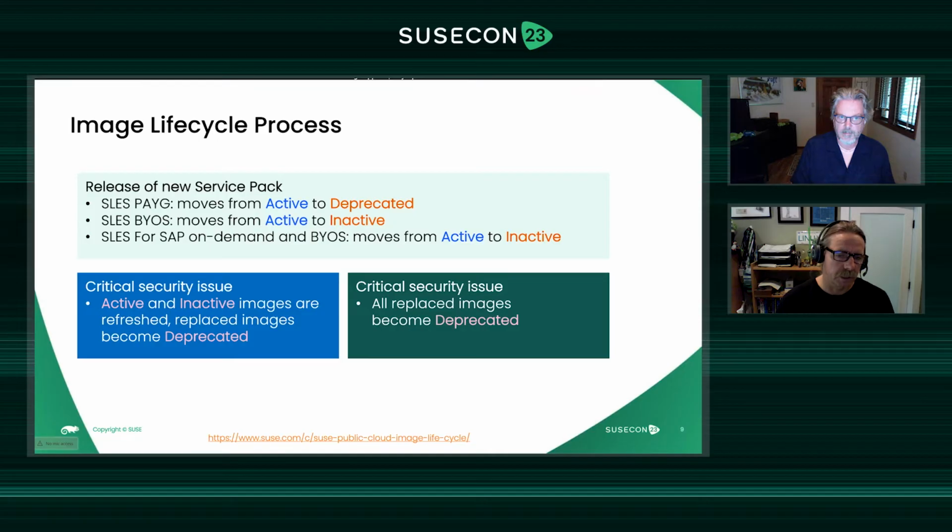And the image that is being replaced automatically moves to the deprecated state immediately. And all images that get replaced on a security update become deprecated, which means they're likely to be removed in about 6 months from the deprecation date.